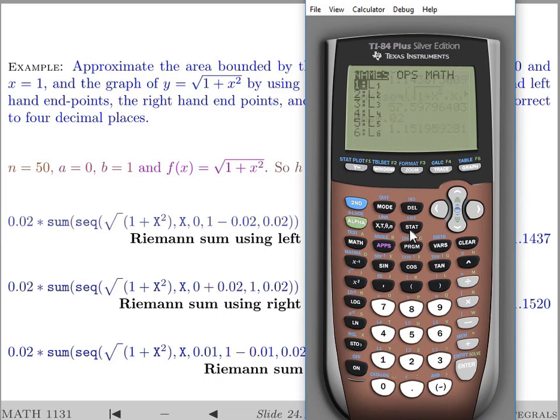So go to the list menu, go to the math menu. So we're going to add up a bunch of numbers. Now I have to tell the calculator what these numbers are. So we're going to generate it as a sequence of numbers. Go to the list menu, ops, tab, sequence of numbers. The calculator remembers what I put in last time, so I still have that.